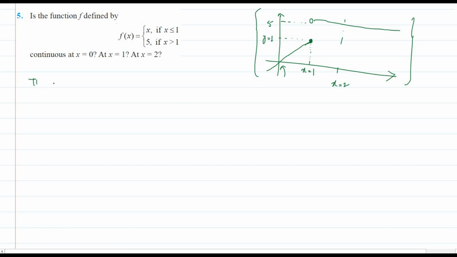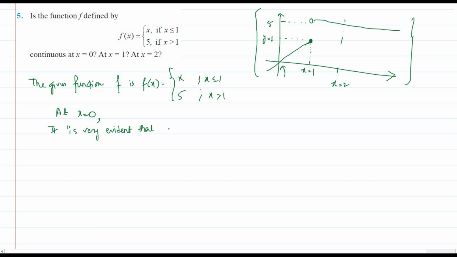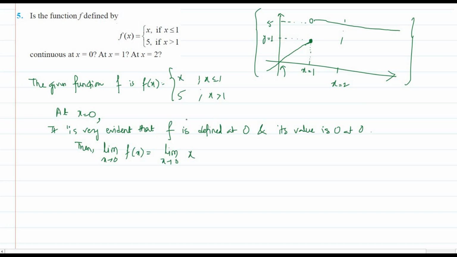So we write the given function. Now at x equal to 0, it is very evident that the function is defined at 0, obviously, because for x less than or equal to 1 it is defined. So then we take the limit of x tends to 0 of f(x) is equal to limit of x tends to 0 of x, because for x less than or equal to 1, the limiting value is x itself.